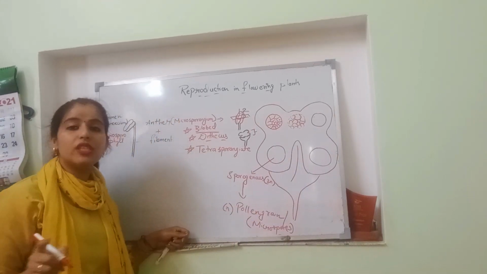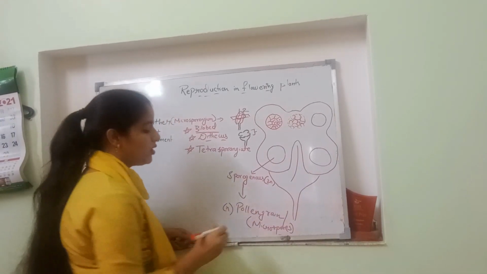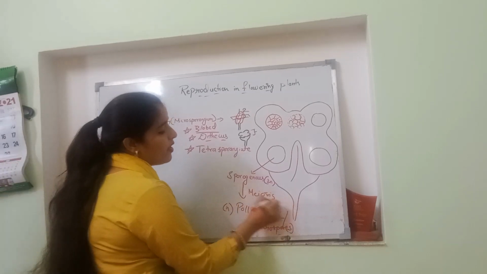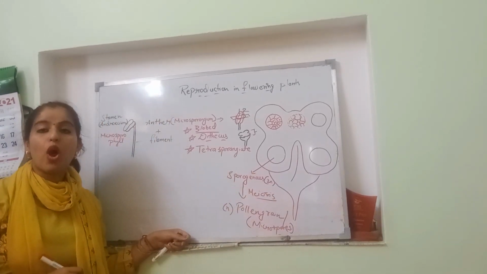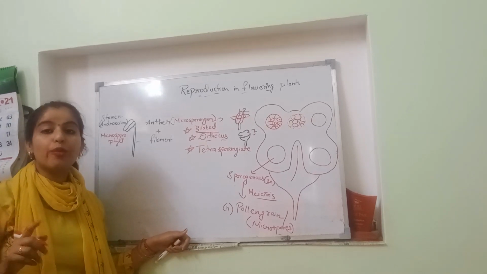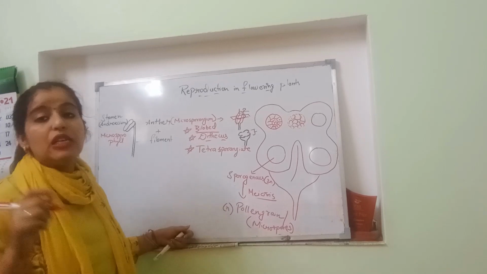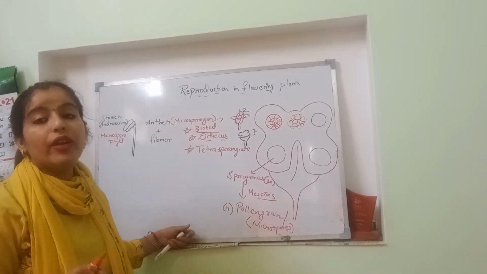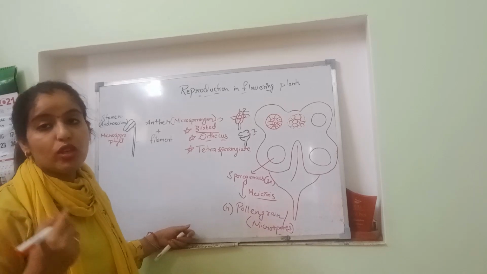So each sporogenous cell is undergoing meiosis, and they are going to produce the pollen grain. Each cell is going to produce the pollen grain. Now each cell is going to produce how many pollen grain? So each sporogenous cell is going to be in the meiosis process.